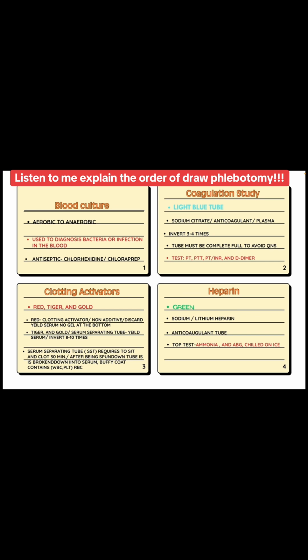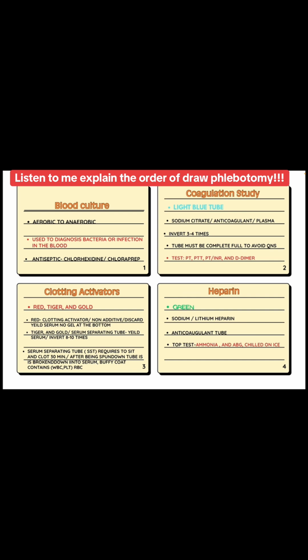Now be careful because this particular tube has to be filled to the fill line. If not, the lab will say to you that you have a QNS, which means quantity not sufficient for the amount of blood that you sent. They cannot perform that test. TNP, test not performed. The tests that can be performed with a full blood sample from the light blue tube will be our PT, which is our prothrombin, PTT, PT INR, and D-dimer.